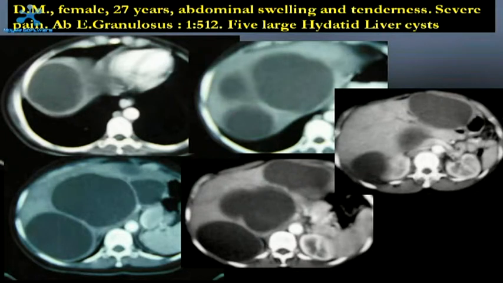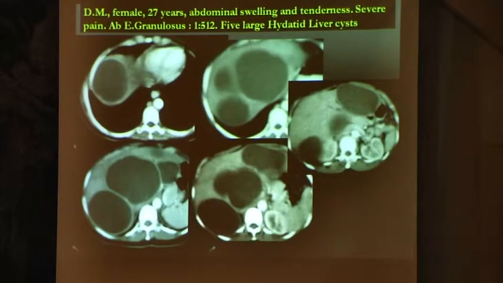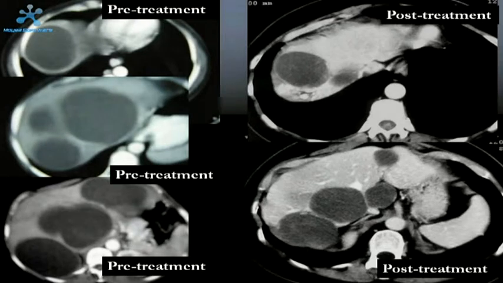But when studied with US, we could see 5 large cysts that compressed the residual liver parenchyma against the abdominal wall, and that's why it seemed so hard, like wood.